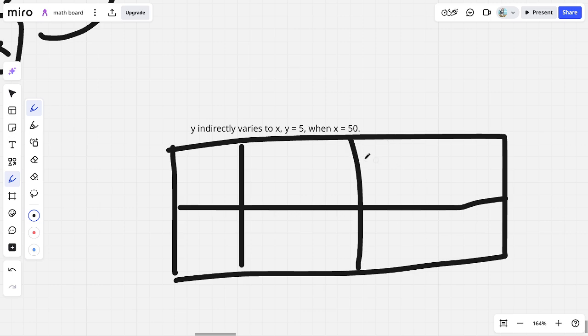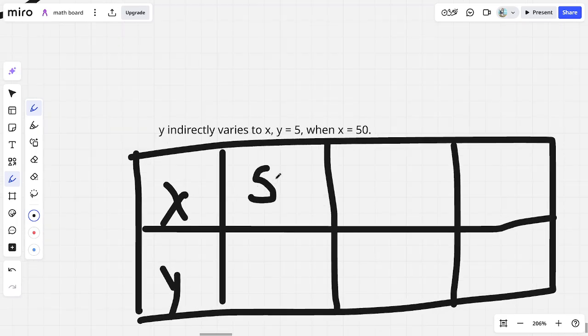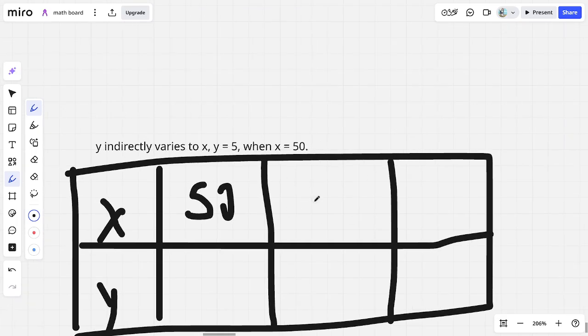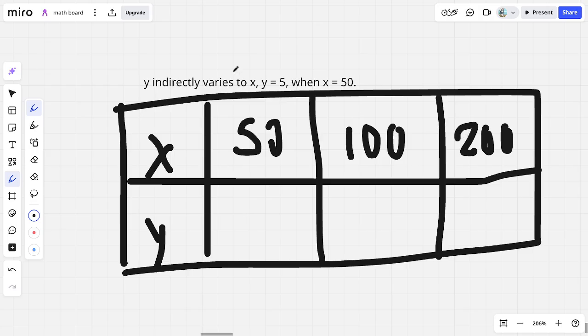Here it's given. So this is the dependent variable, with x values 50, 100, 200. Since it's given already, we can just put 5 here.